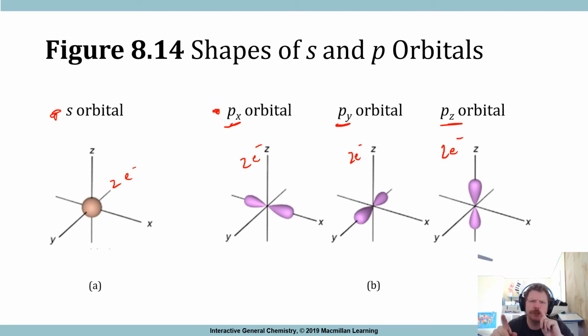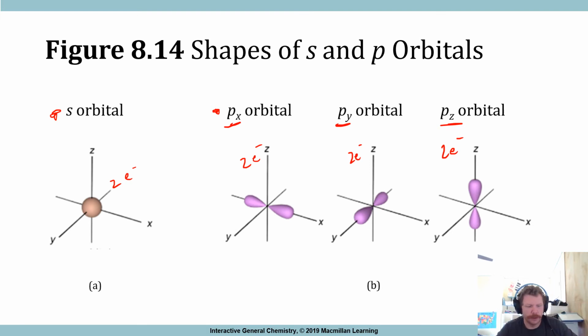If we compare these two, the s orbital, how many electrons does that hold? Now the p orbital, how many does that hold? Well, the p orbitals, px, py, and pz, all collectively hold 6 electrons. So I always like to say this as the s orbital holds 2 electrons.